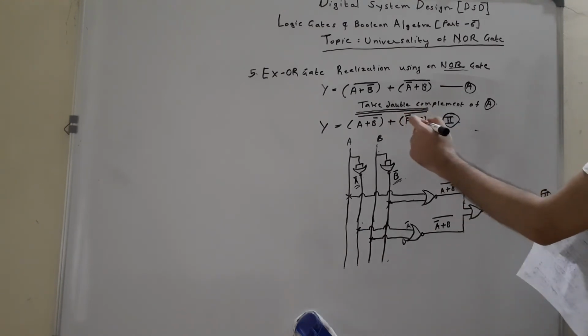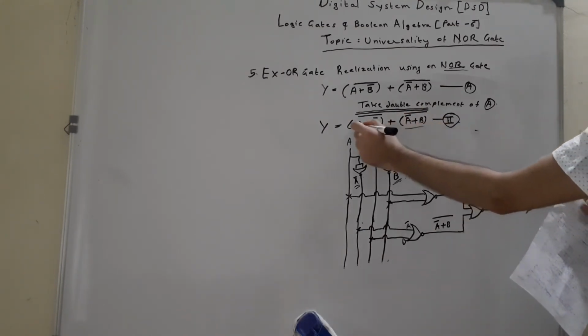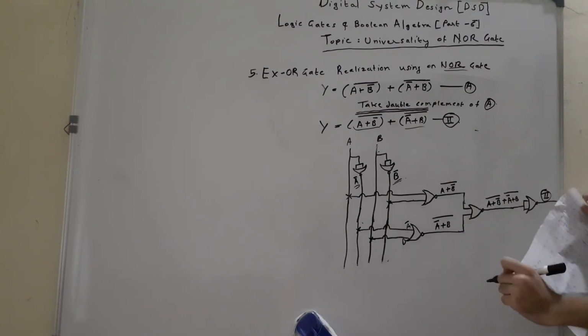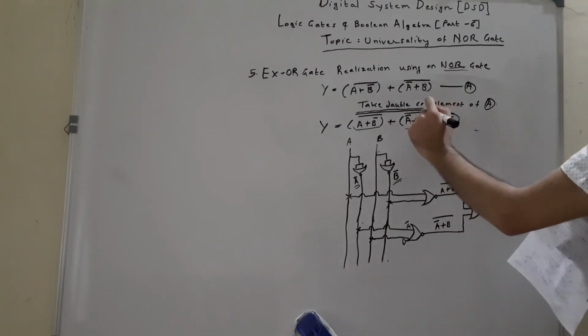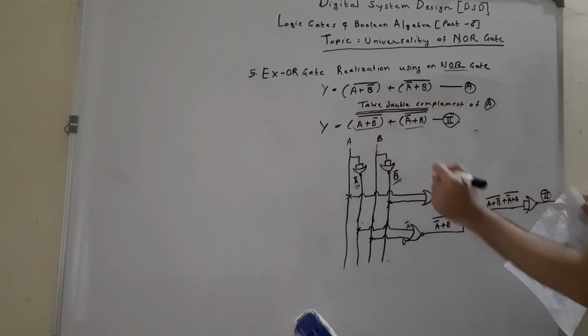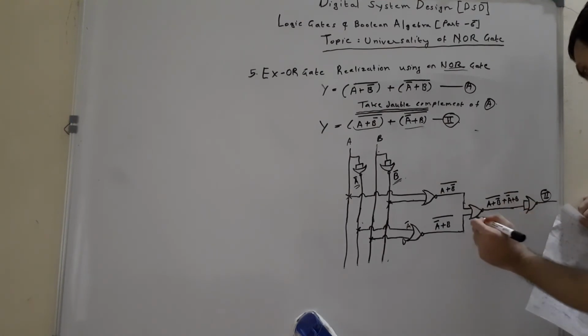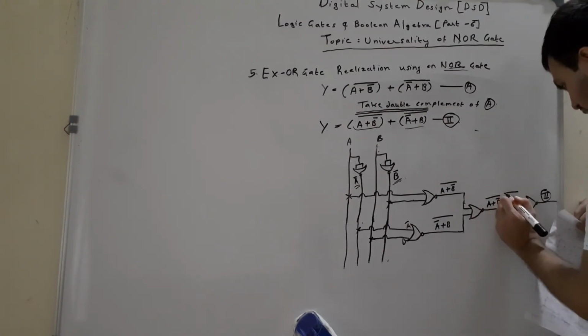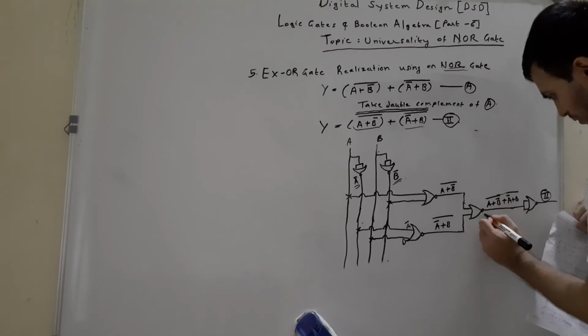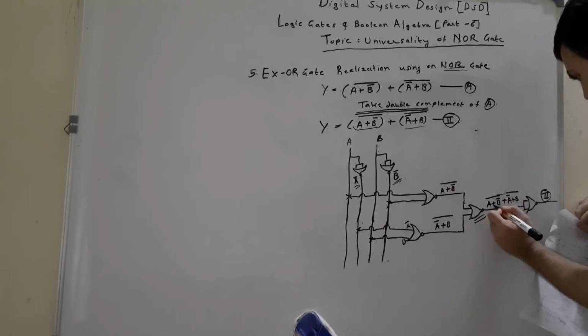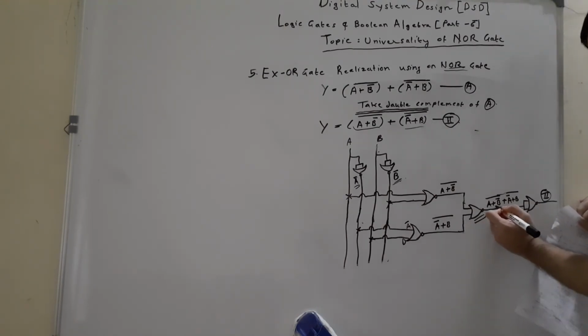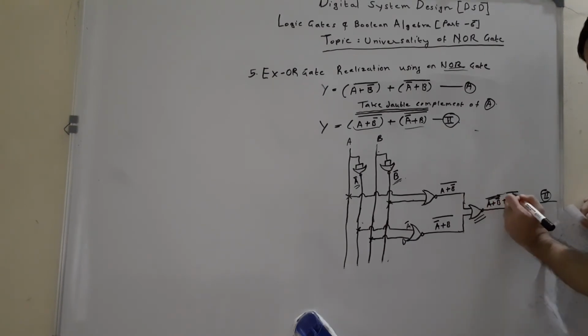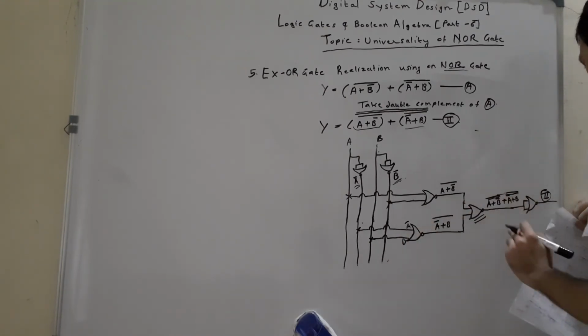And here, we have obtained these two terms, but addition is there in between, and also one complement is there on top of it. In order to obtain that, we have added another NOR gate over here. At the output of this NOR gate, we get A plus B bar the whole complement plus A complement plus B the whole complement.